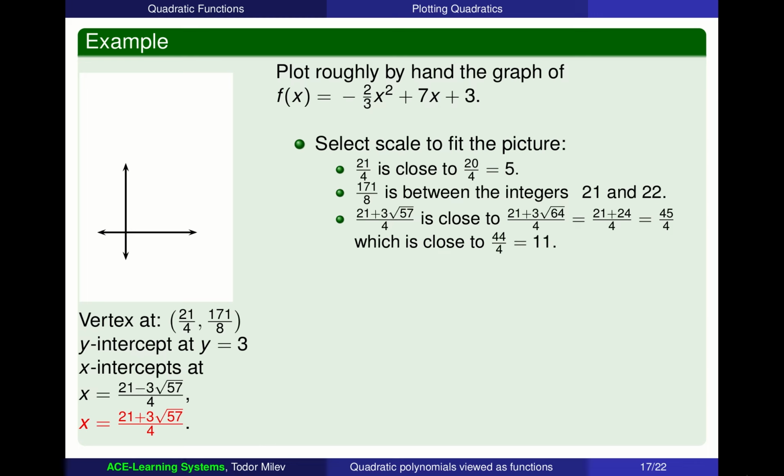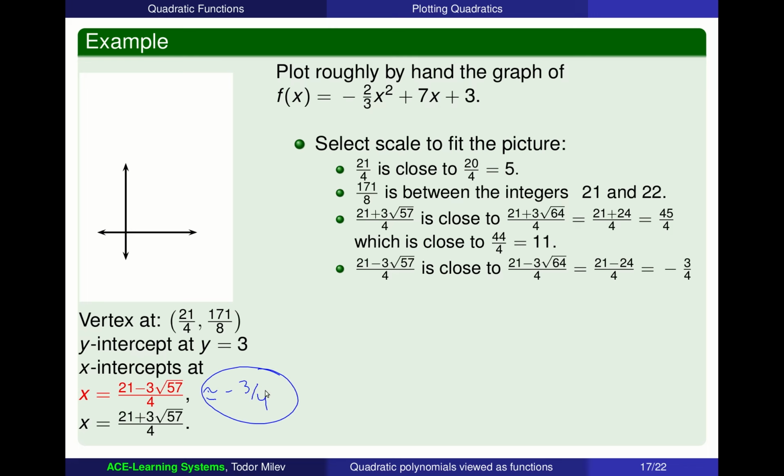Similarly, this quantity here is close to 21 minus 3 times radical of 64 over 4. So that's 21 minus 24 over 4, which is negative 3/4. So this quantity here is about negative 3/4, right?